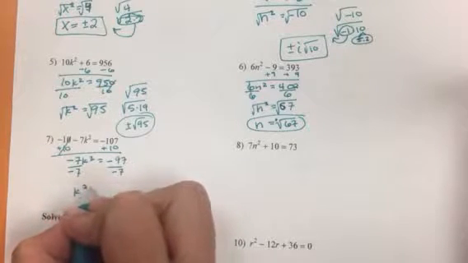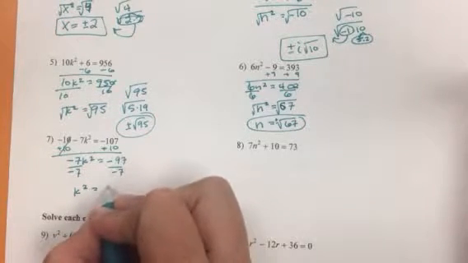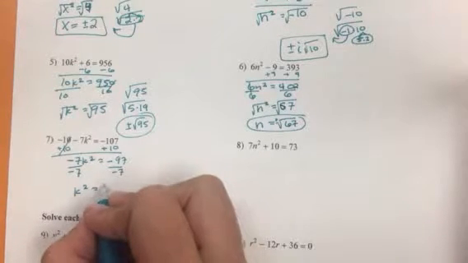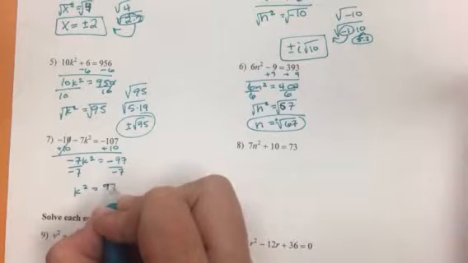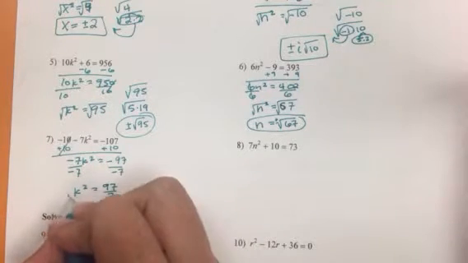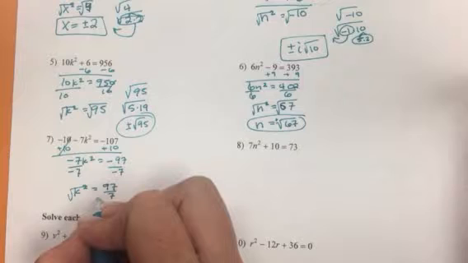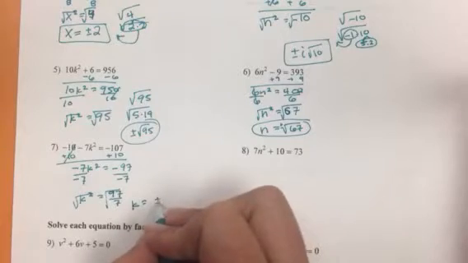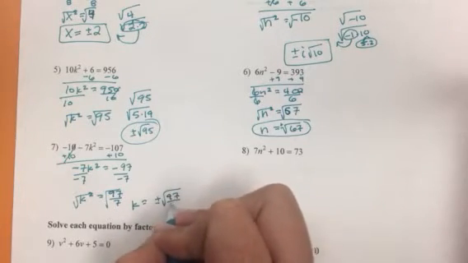And k squared equals 97 over 7. Square root it. K equals plus or minus square root 97 over 7.